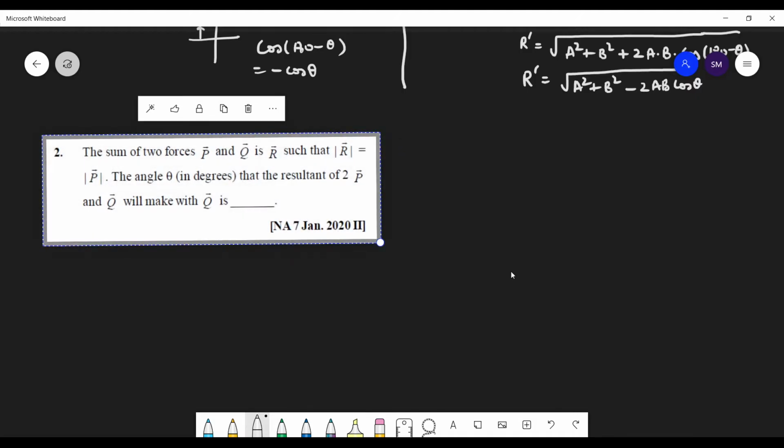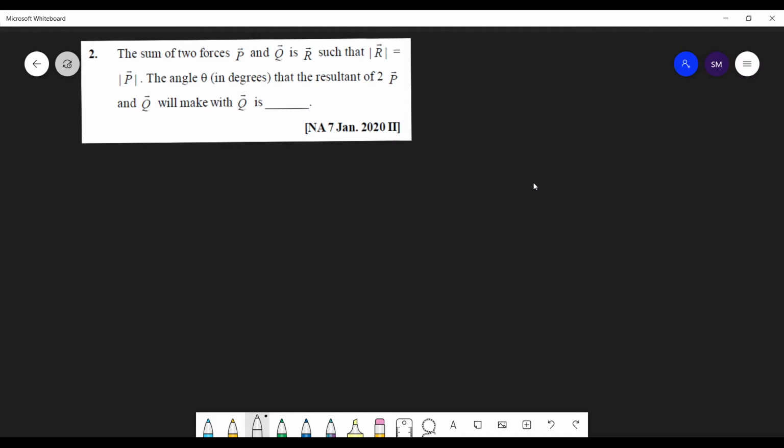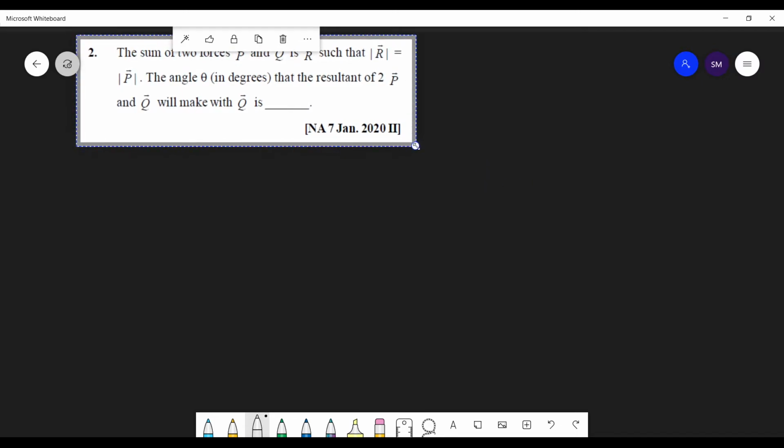So that's the question. Here in this question, the sum of two forces P and Q is R. Okay, agreed. So we have two forces.